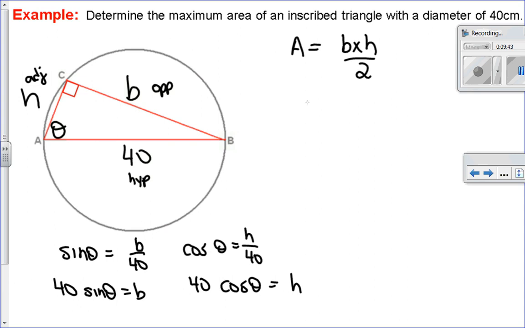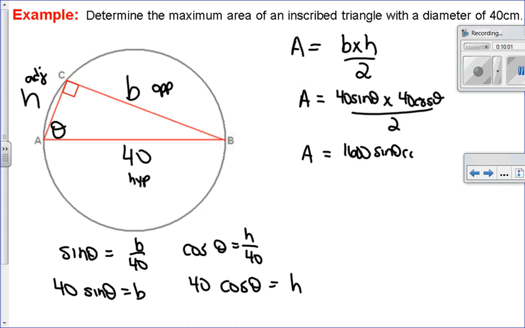So now in my area formula, instead of b, I'll use 40 sine theta, and instead of height, I'll use 40 cos theta, and that will all be divided by 2. So 40 times 40 is 1600 sine theta cos theta divided by 2, which is just 800 sine theta cos theta.